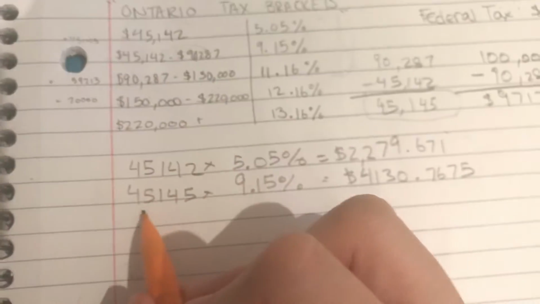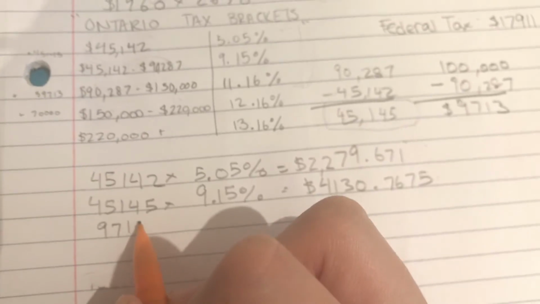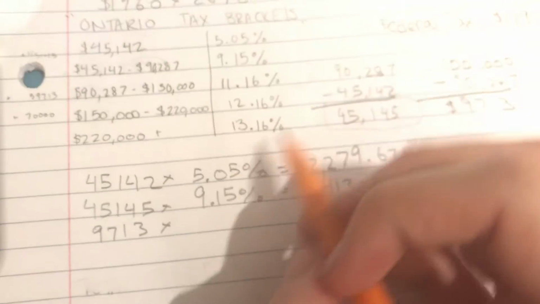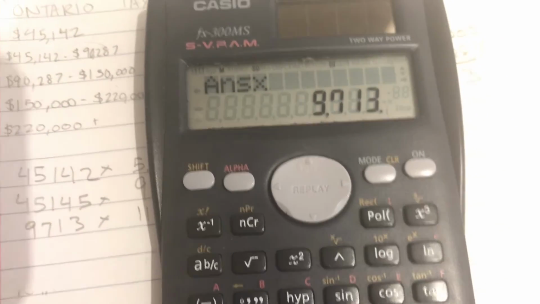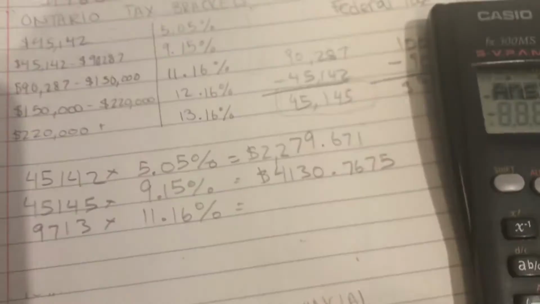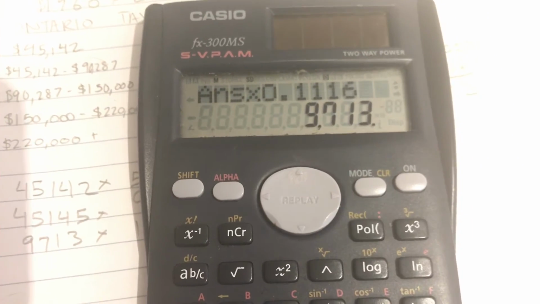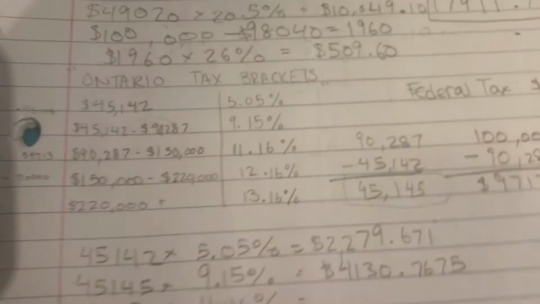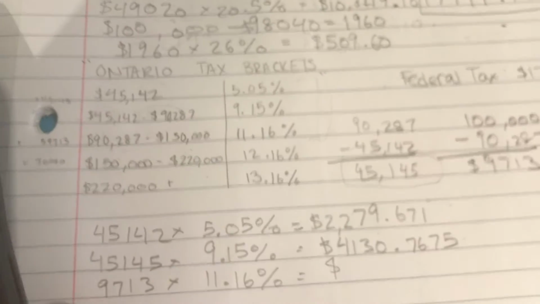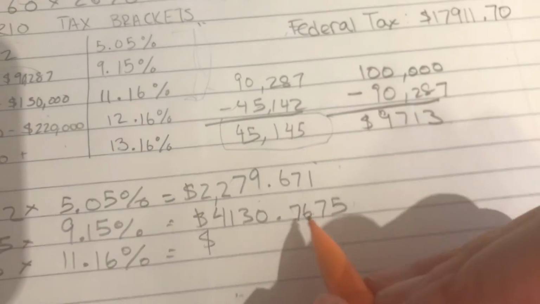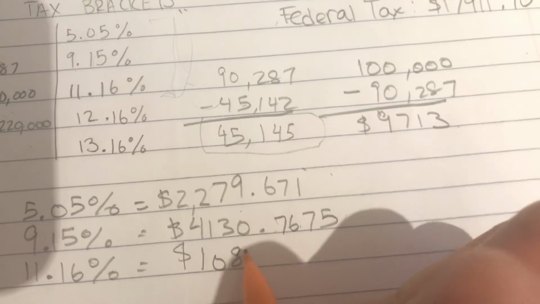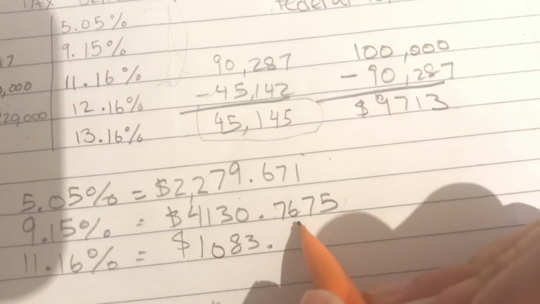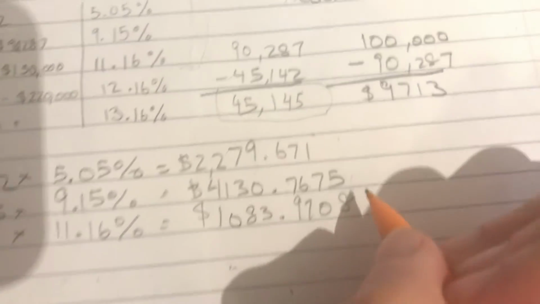$9,713. So 9,713 times our third rate, 11.16%, equals $1,083.9708.